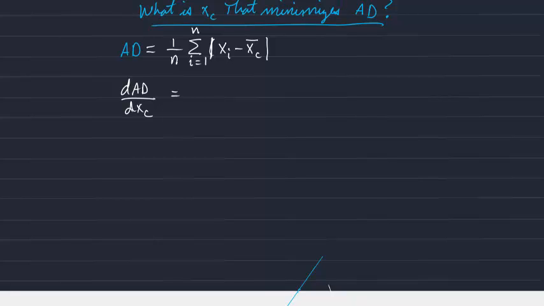And when we do that, we get a minus 1 over n times the sum of xi minus xc over the absolute value of xi minus xc. And we've got to set that equal to 0.